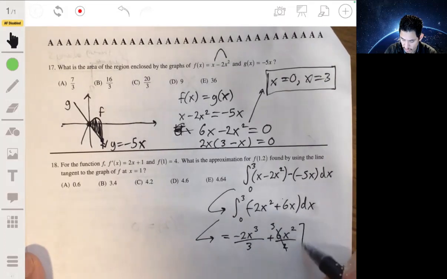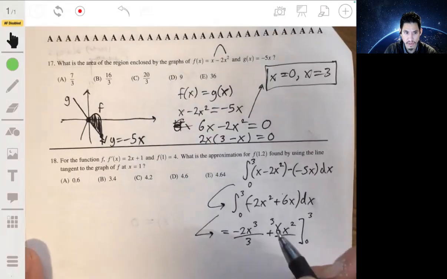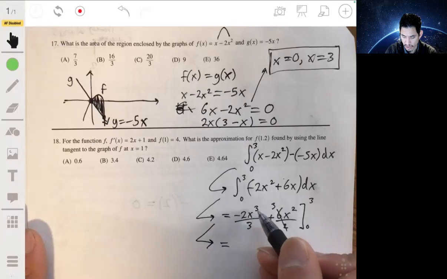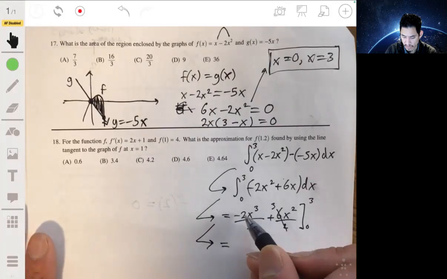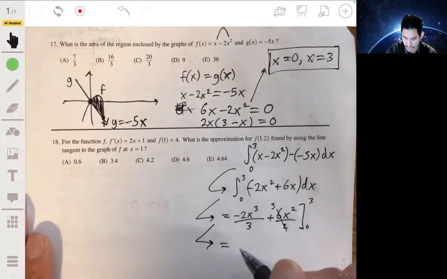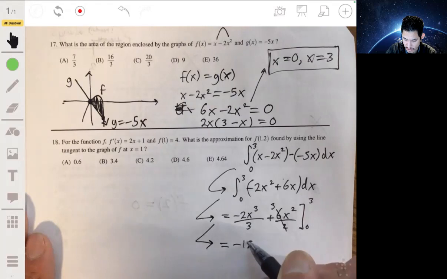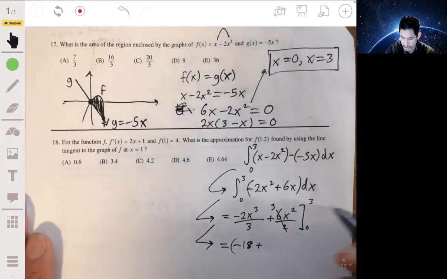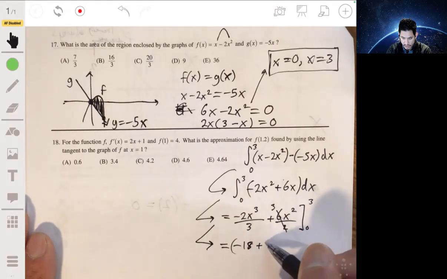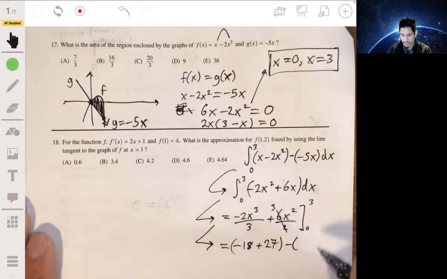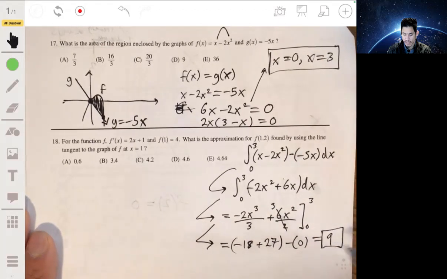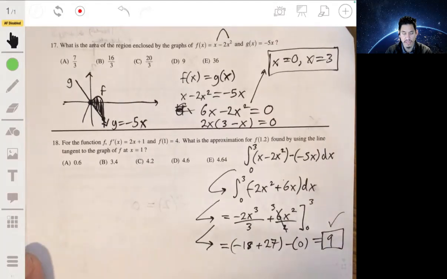That's just 3x squared, from 0 to 3. Plugging in 3, 9, 27. The 3 cancels, so it's really negative 2 times 9, so negative 18, plus 3 times 9, 27. Plugging in 0 to both, it just becomes 0. And then this just becomes 9. So the answer is just going to be D.